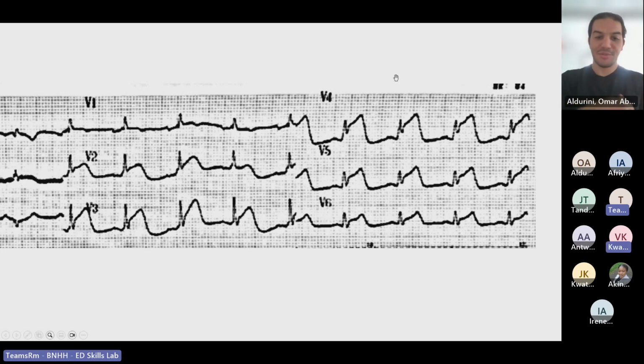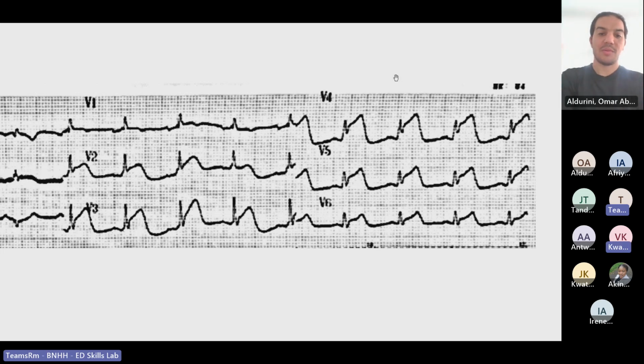We have a very massive one. Yeah. And then V5, in V6 as well. So V4, V5, and V6. Yes, in V6 as well.